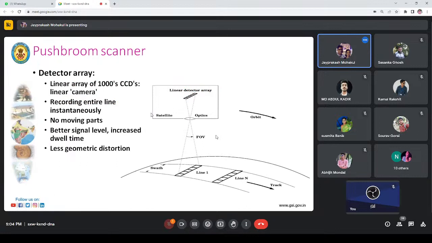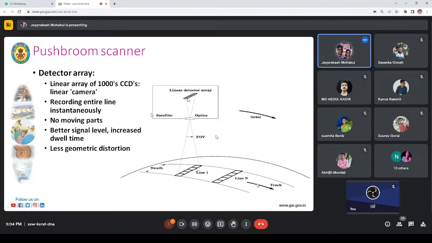On the contrary, this is a linear detector array. So you have a field of view, and each CCD will subtend an angle here. This is known as the instantaneous field of view. Here, as you could see, it scans line by line.